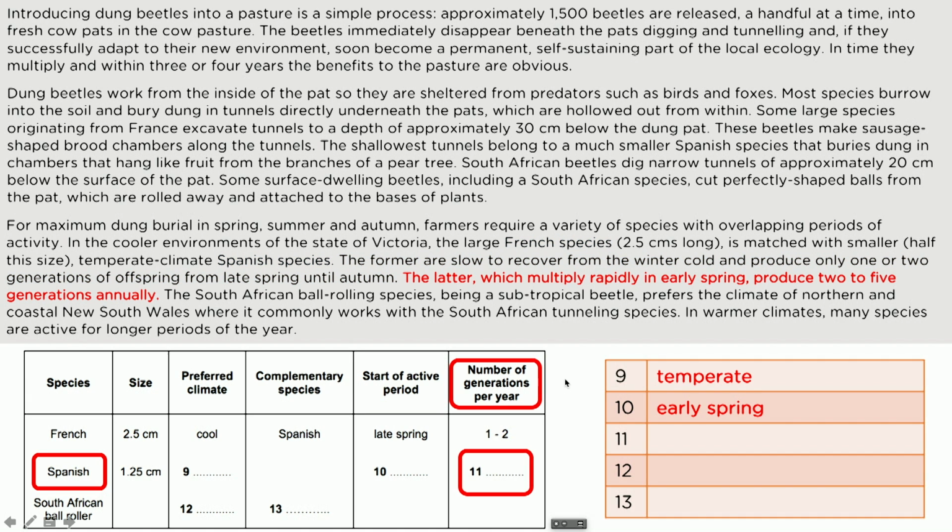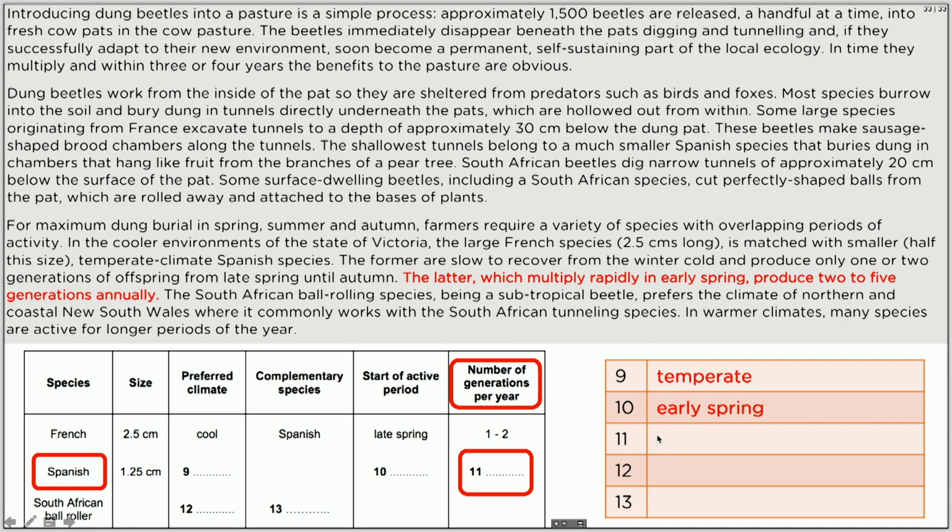The number of generations per year. Again, the Spanish beetle. The latter, the Spanish beetle, which multiply rapidly in early spring, produce 2 to 5 generations annually. If you remember back from our instruction, if you had written 2 to 5, it would be wrong because it said you can only write words only.